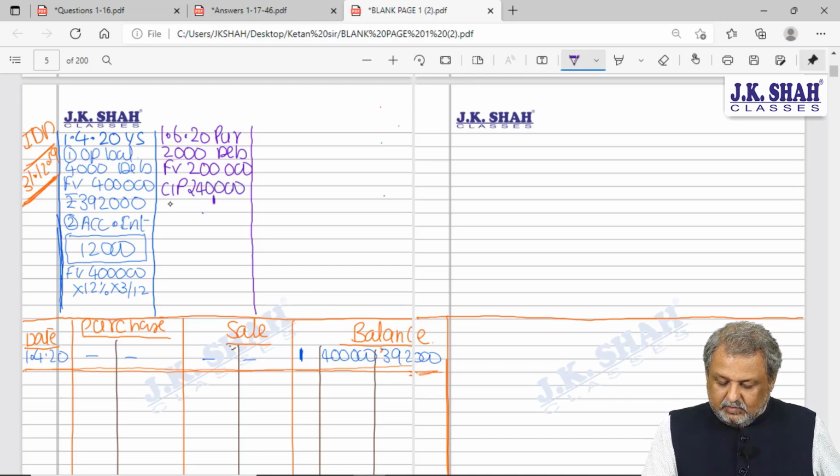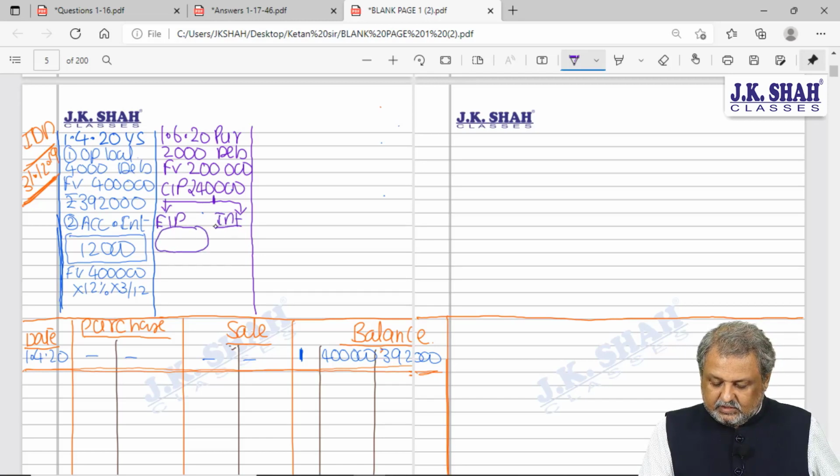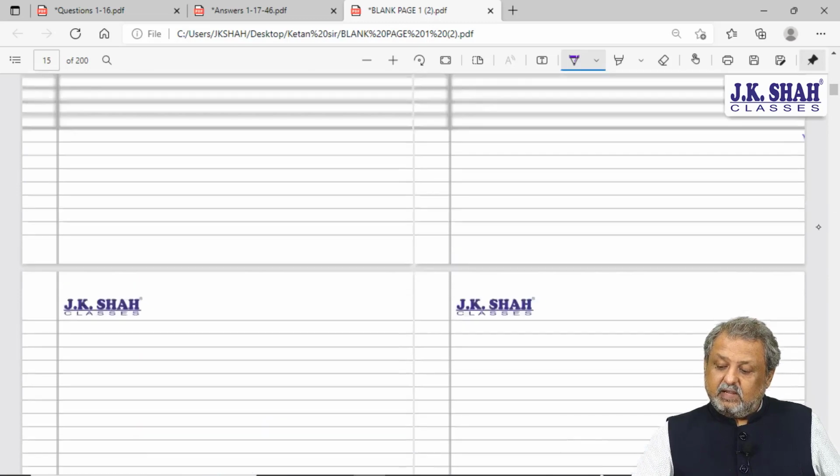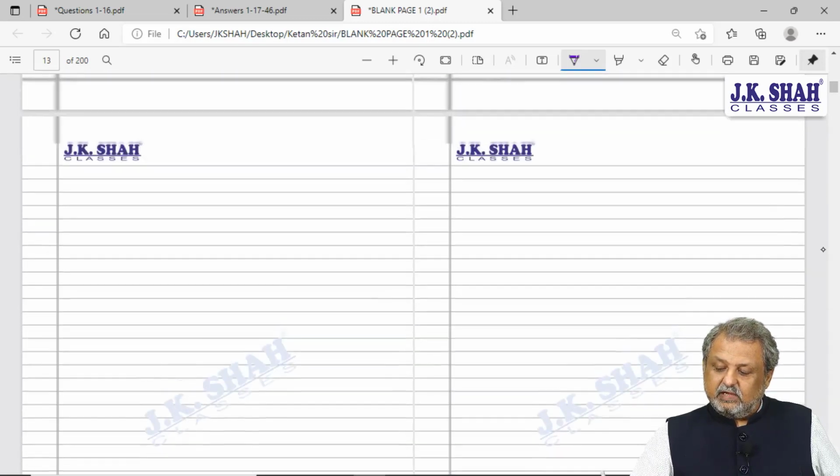But now you need to break up this amount into two. You should find the ex-interest price and you should find the interest. Now the presentation here can be in any manner as you like.